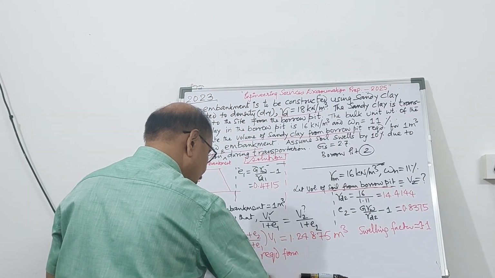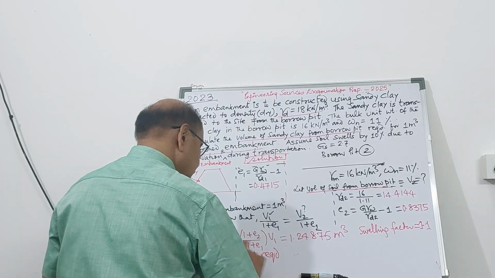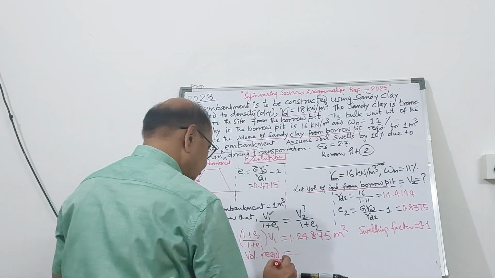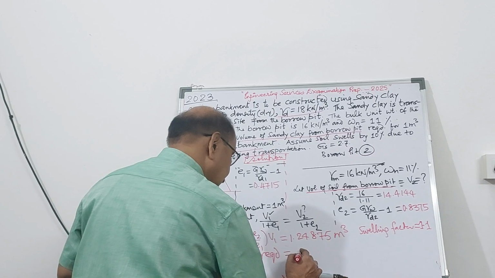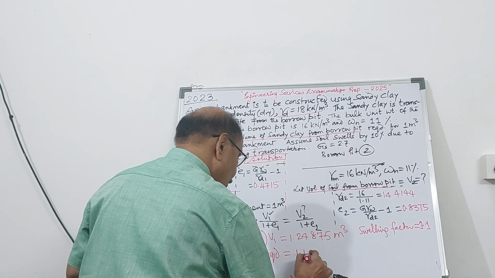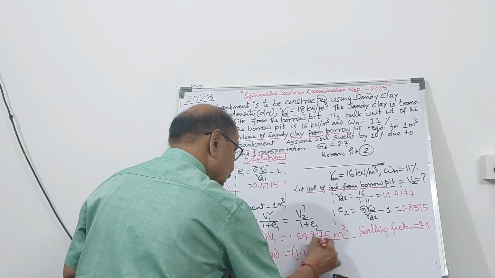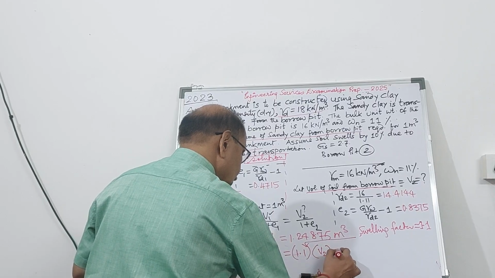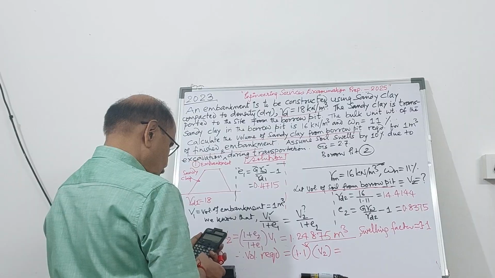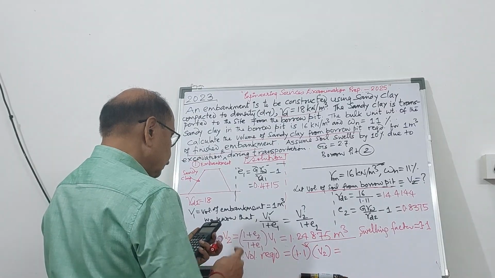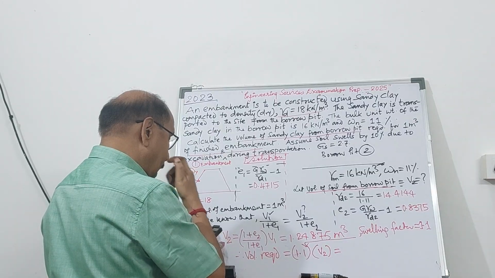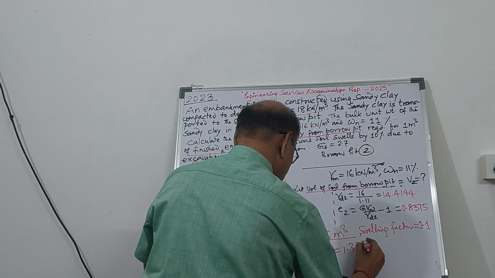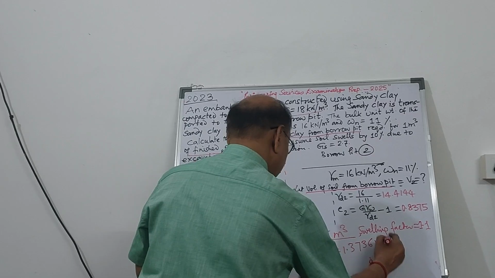So the final volume required at the site for 1 cubic meter will be 1.1 multiplied by V2, which becomes 1.37336 meter cube.